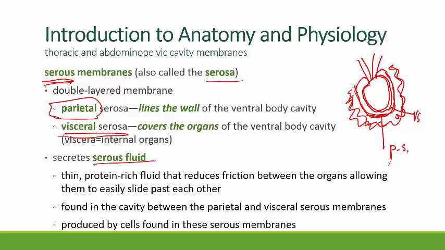It will just slip on across these very slick layers of the parietal serosa. And this serous fluid is found in the cavity in between the parietal and visceral membranes, and it is produced by special secretory cells found within those serous membranes.